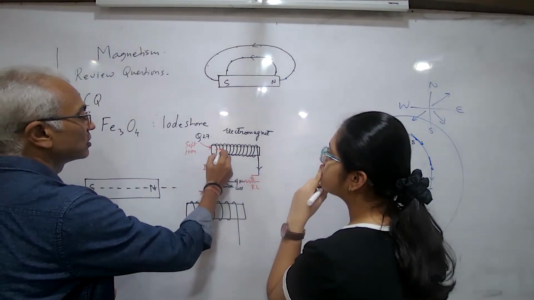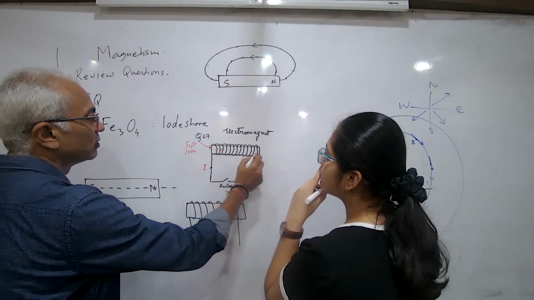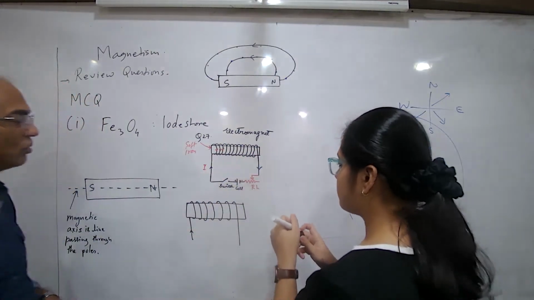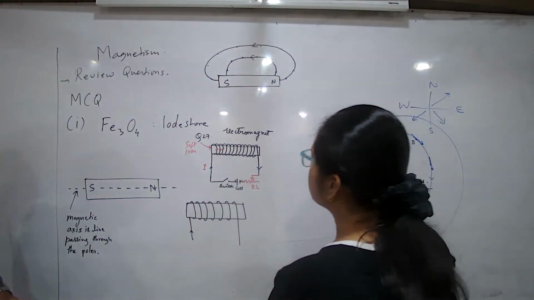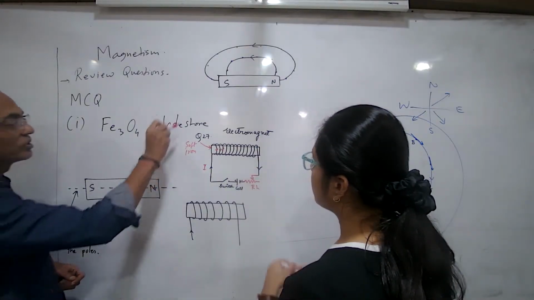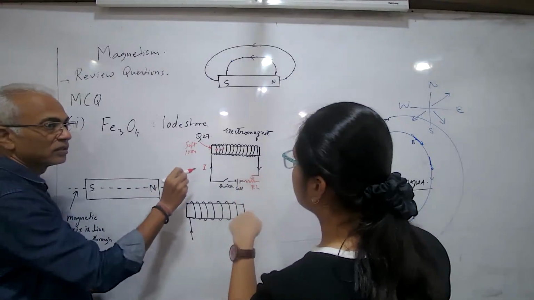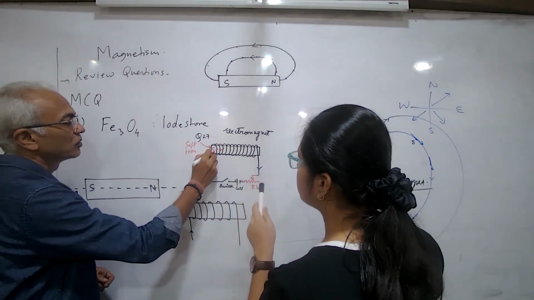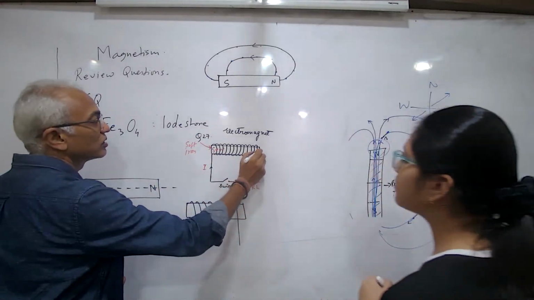Direction of current is like this, everywhere. What about polarity? Which polarity will develop? So you see from this side it is clockwise. So what will it be? South pole. This side will be north.